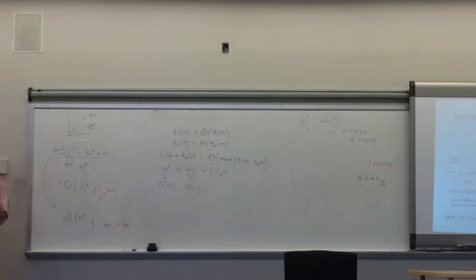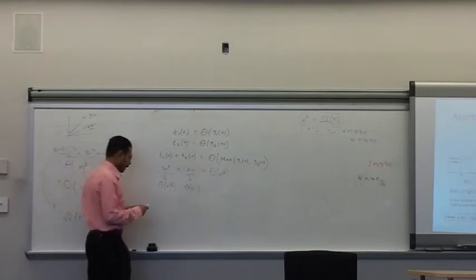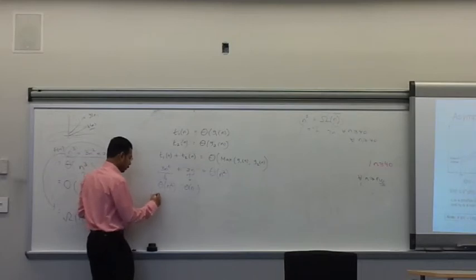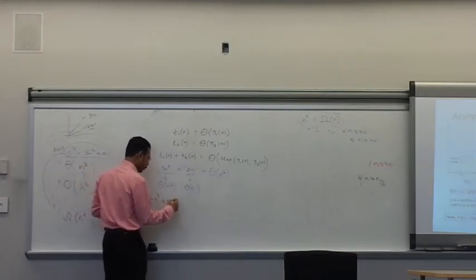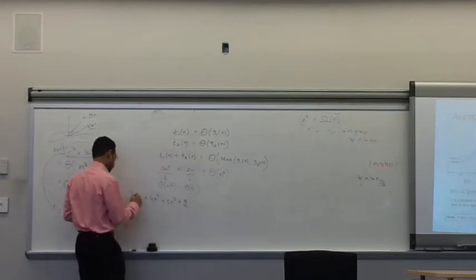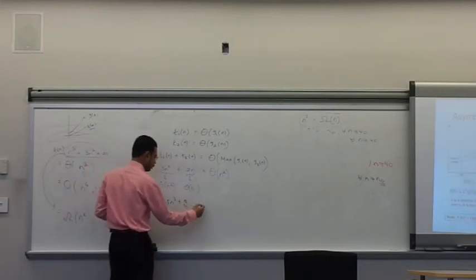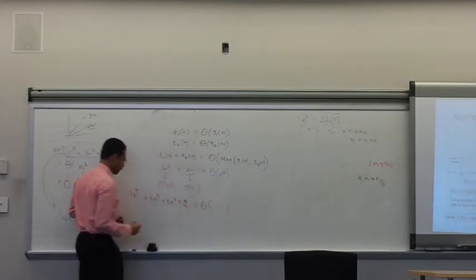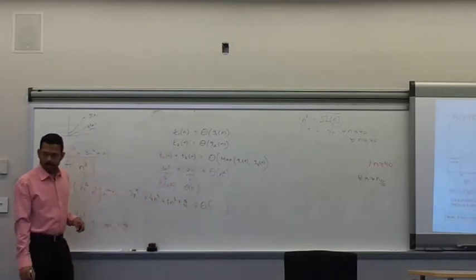Clear? And we can extend this to any polynomial of any length. For example, you can have 4n to the 4 plus 5n cubed plus 2, or you can have 7n to the power 9, anything. So in terms of theta, what should this be?